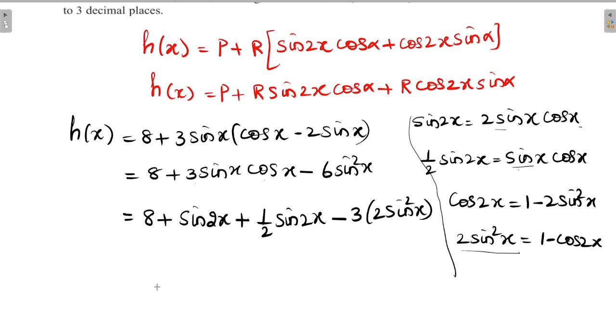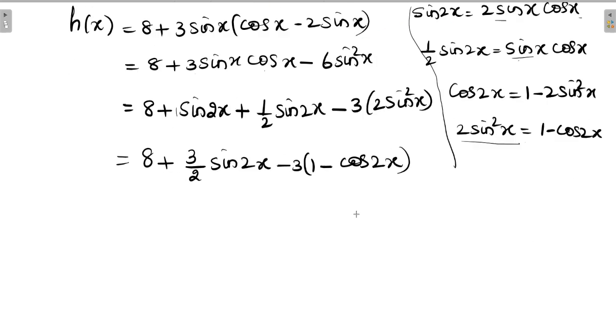Now we can simplify 8 plus, this is 1, 1 plus 1 by 2 is 3 by 2, 3 by 2 sine 2x minus 3 times 2 sine square x, we can replace as 1 minus cos 2x. We can remove the bracket: 8 plus 3 by 2 sine 2x minus 3 plus 3 cos 2x.